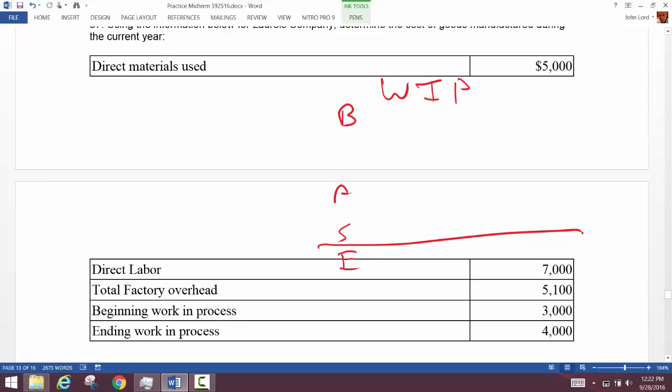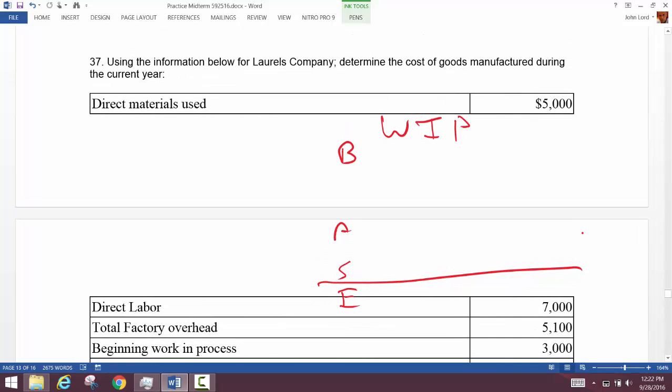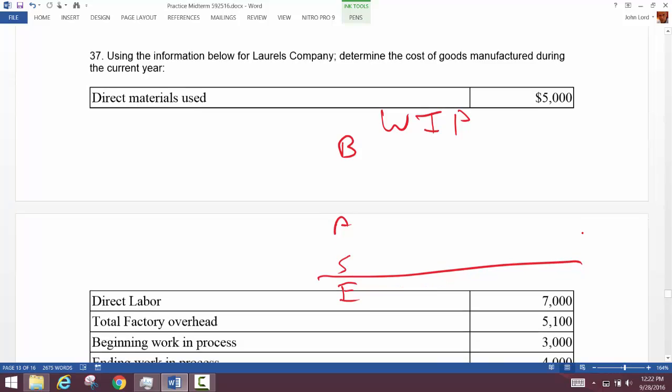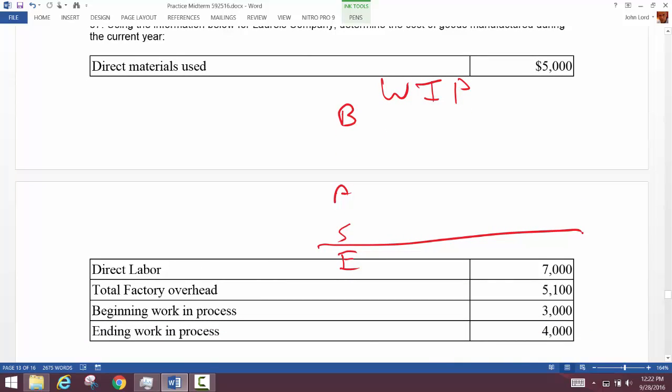Okay? And so now I just use the ninja approach and take what the question gives me. Does it tell me the beginning work in progress? The beginning work in progress is what? 3,000. Does it tell me the ending work in progress is what? 4,000? Okay.